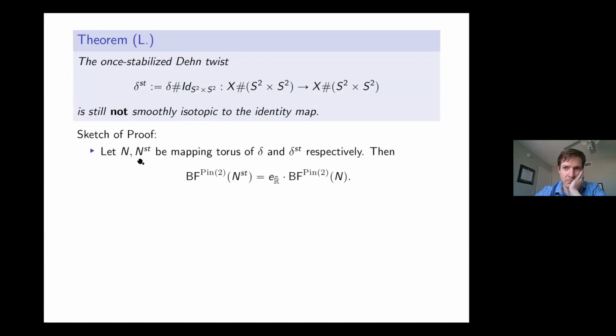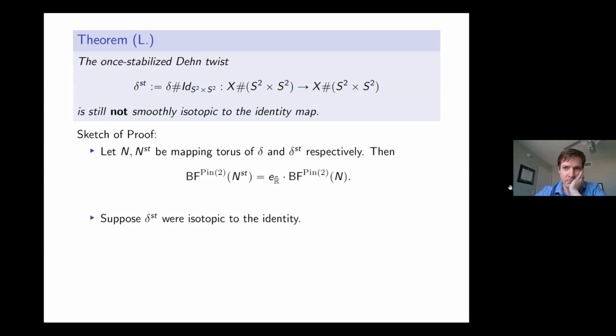As I said, we form the mapping torus of delta and delta ST. Delta is the Dehn twist. They are both smooth bundles over S1, and we consider the Bauer-Furuta invariant. By the stabilization lemma, they are related to each other by multiplying with this Euler class, ER tilde.